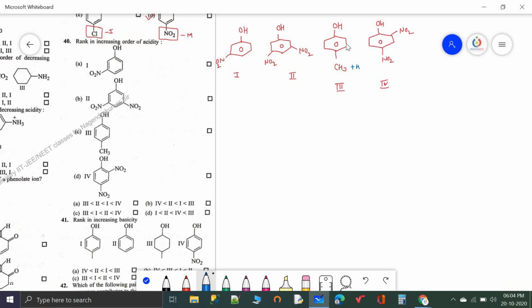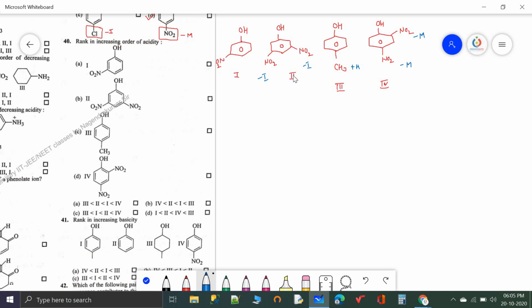In the fourth and second cases, two electron withdrawing groups are there, so we expect the same acidic nature. But in the second, the NO2 groups are at the meta position. When an NO2 group is at the meta position, it acts only as a minus I group. Here, the NO2 groups are at the ortho and para positions, so they act as minus M groups.